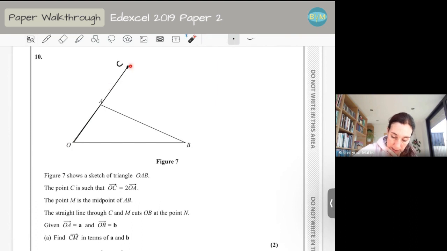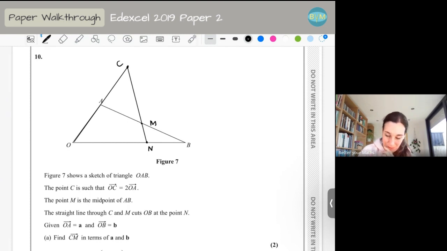The point M is the midpoint of AB, so on AB I have a midpoint. I'm just drawing it because I think it's easier to see things when we draw them. The straight line through C and M cuts OB at point N. So I have another straight line here joining M and C that cuts OB at point N.